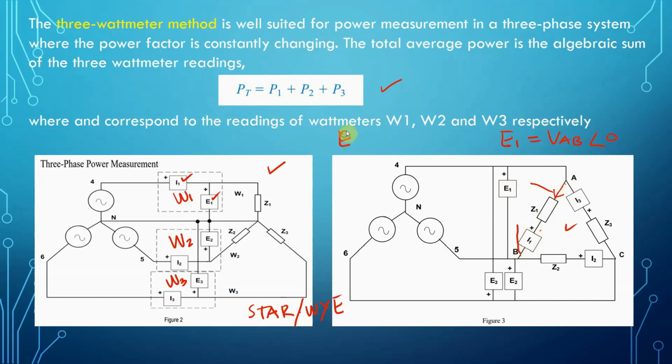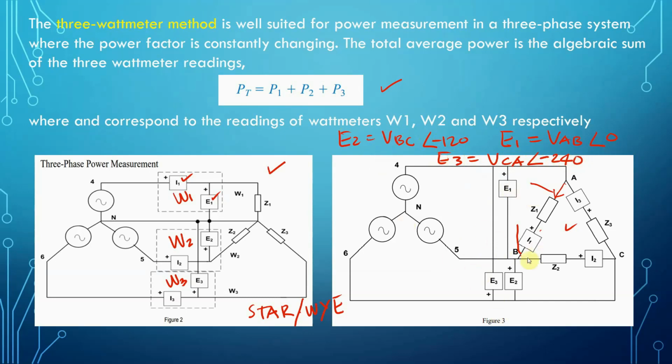E2 will measure the voltage VBC. These are line-to-line voltages with an angle of negative 120 in the case of delta connected load. And E3 similarly will give me a voltage VCA with an angle of negative 240.